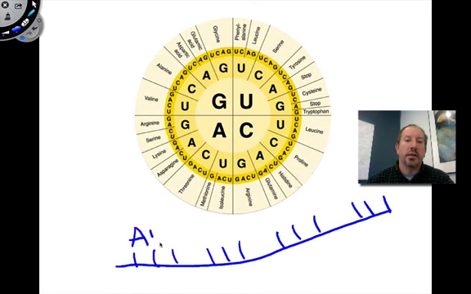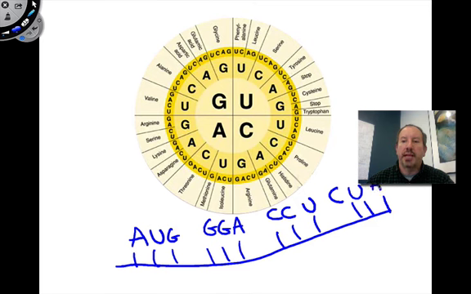So let's start off with AUG, and then let's make up something. Let's go GGA or CCU, and then let's go, how about CUA? And then let's go UAA.